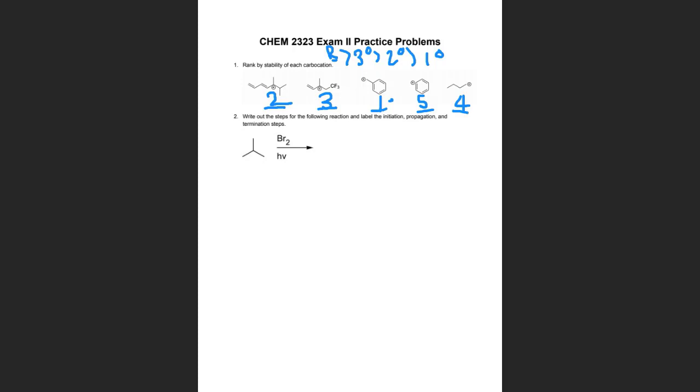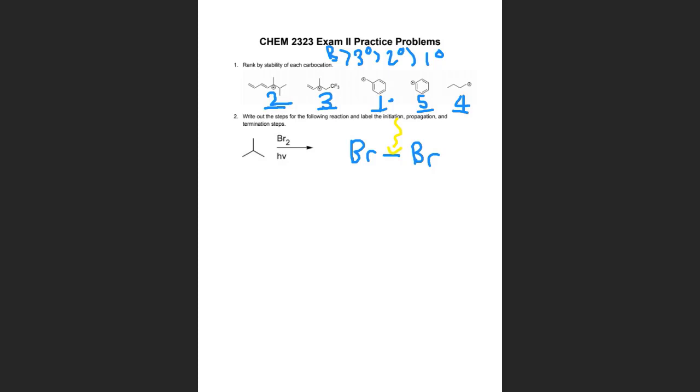Okay, so question 2 talks about, let me see, looks like we're going to do reaction mechanism. So we have initiation, propagation, and termination steps. I'm going sort of based off memory, so let's see. Let's start with the bromine, Br2. What happens is we have some light coming in and breaking the bond.